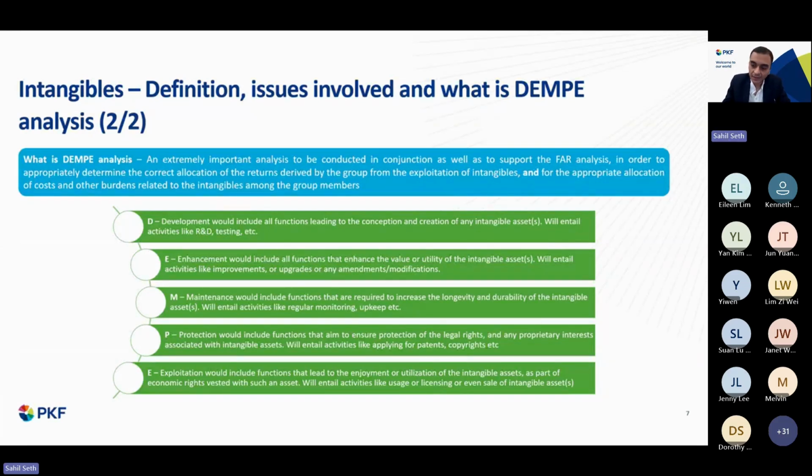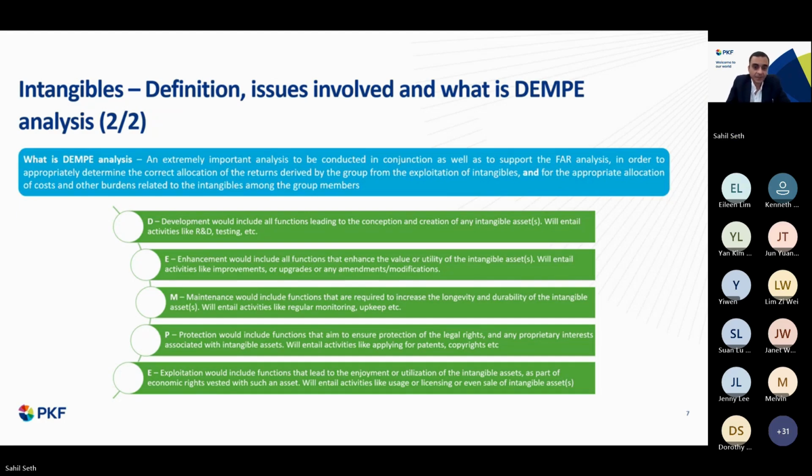Now, coming to what exactly DEMPE is. Primarily D stands for development, E for enhancement, M for maintenance, P for protection, and the last E is exploitation, right?